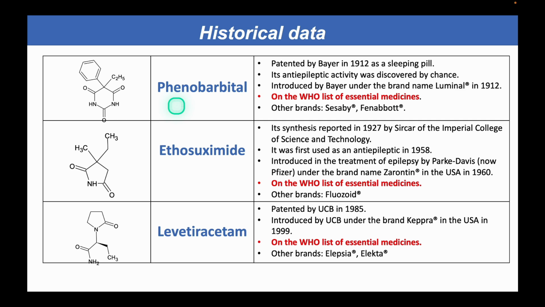The synthesis of Ethosuximide was reported by researchers from the Imperial College of Science and Technology. It was launched for the treatment of epilepsy by Parke-Davis, now Pfizer, under the brand name Zarontin. Levetiracetam was patented by UCB and introduced by UCB under the brand Keppra.